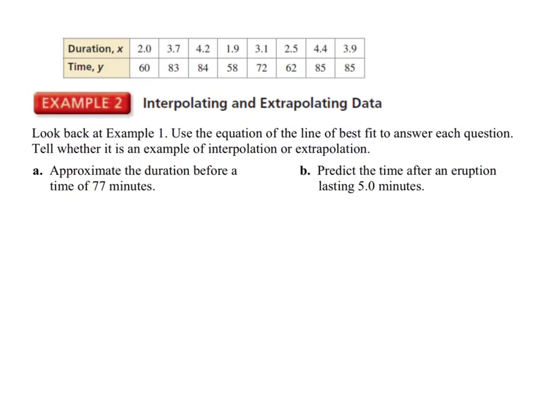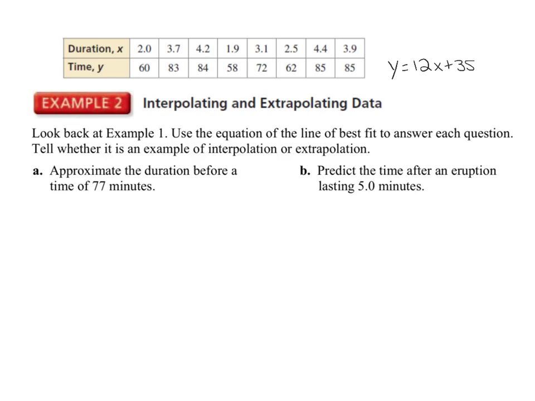So we're looking at that table we still had from example 1 that we graphed about Old Faithful. And remember, our line of best fit was y equals 12x plus 35.